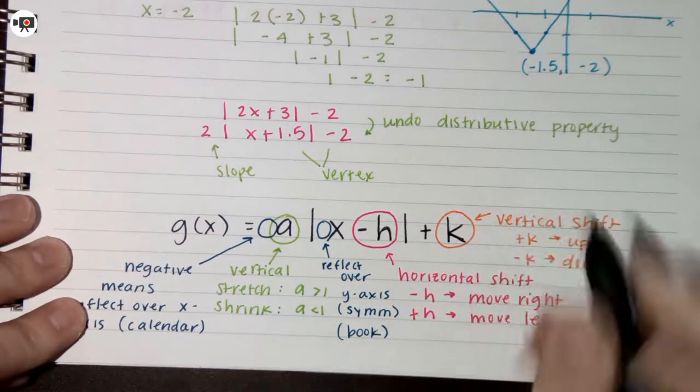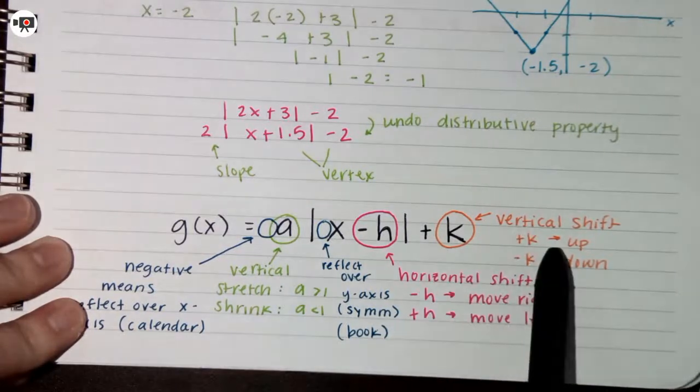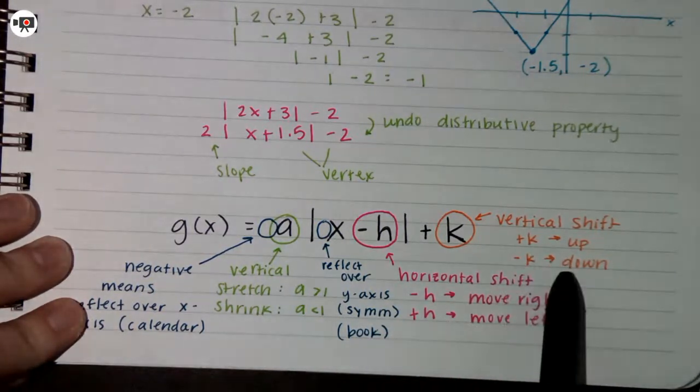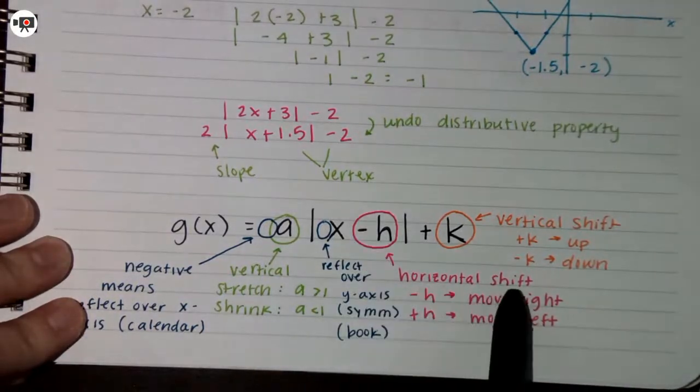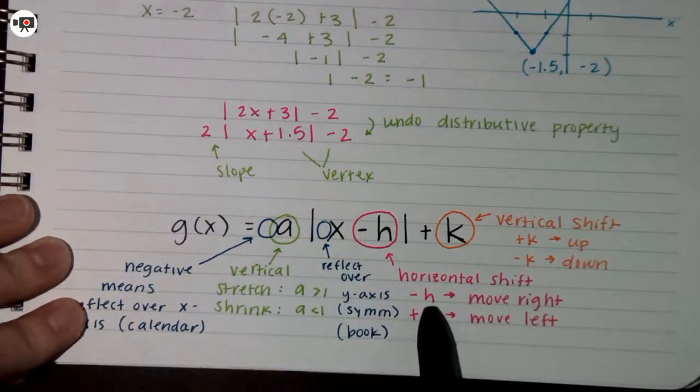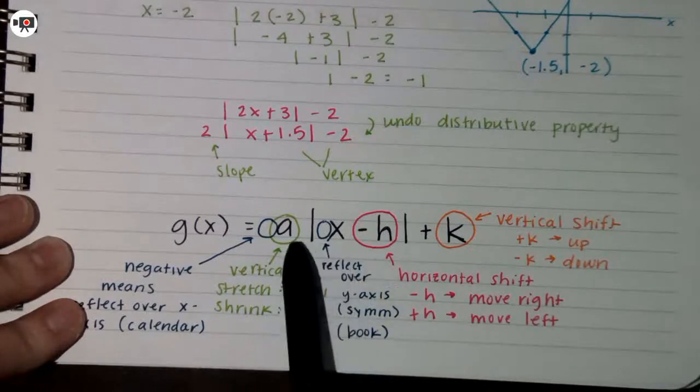So this k is a vertical shift. If it's a plus k, it moves up. If it's minus k, it moves down. H here is a horizontal shift. If it's minus h, it moves to the right. If it's plus h, it moves to the left.